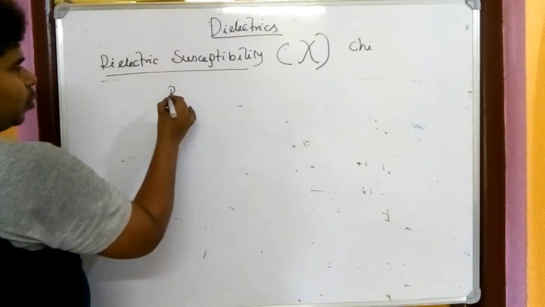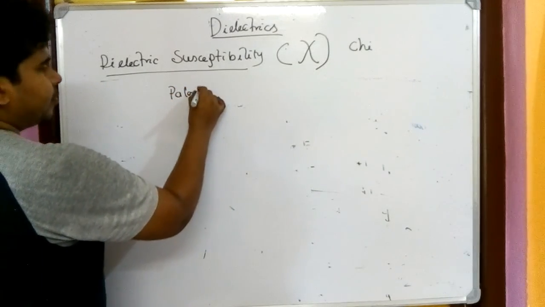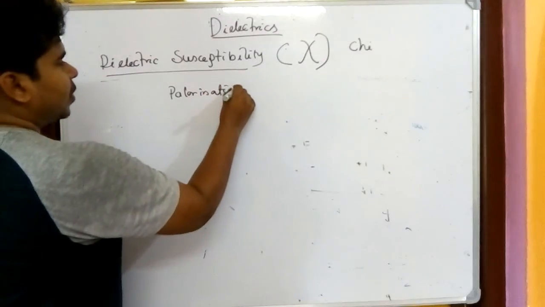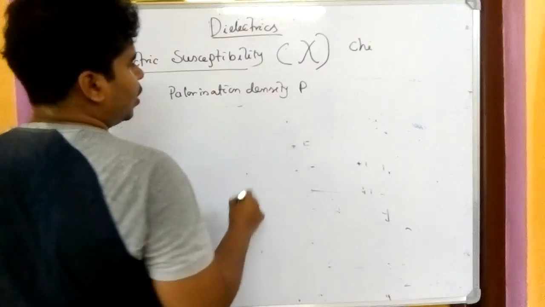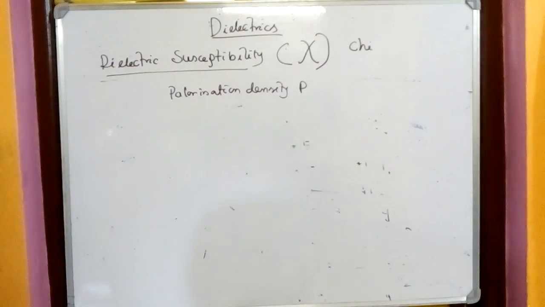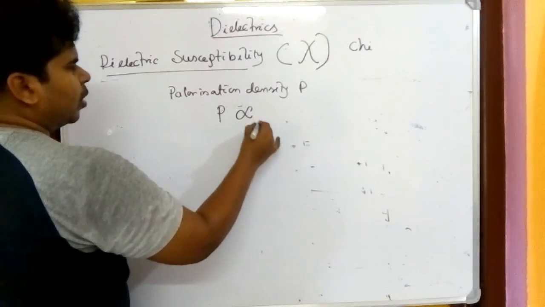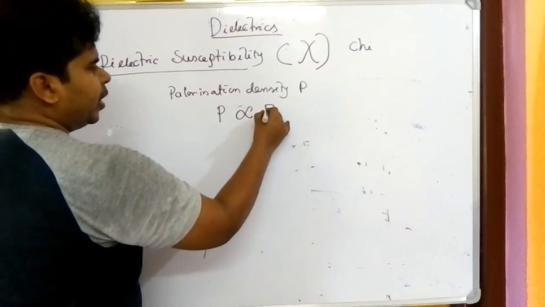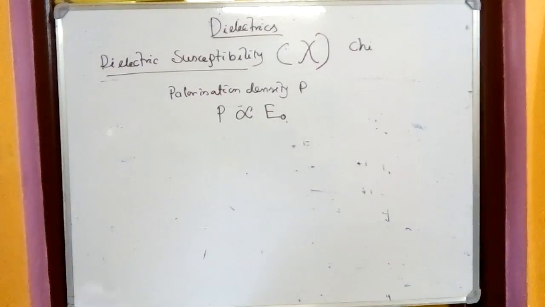The polarization density P that we have just calculated depends on two things. Number one, the external electric field we have given.